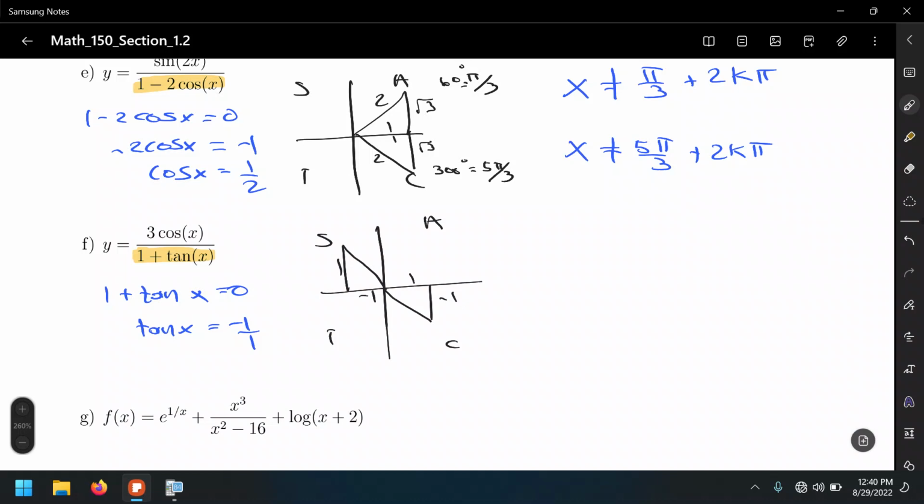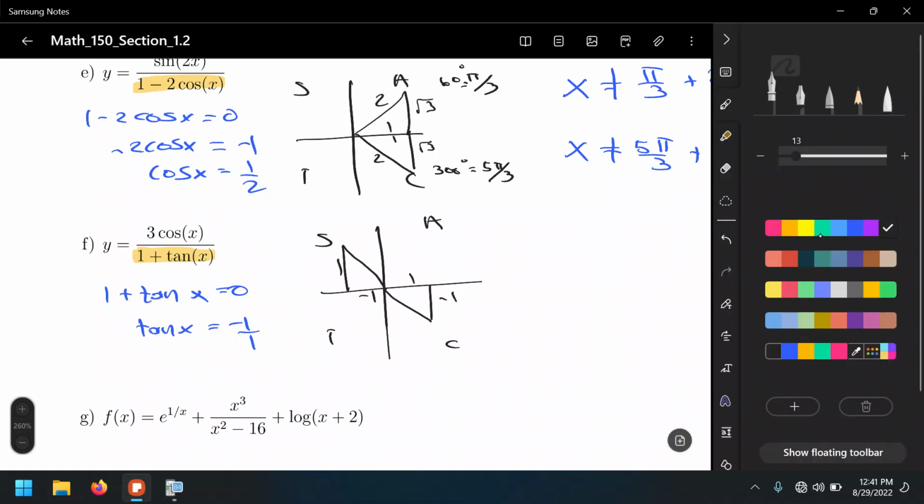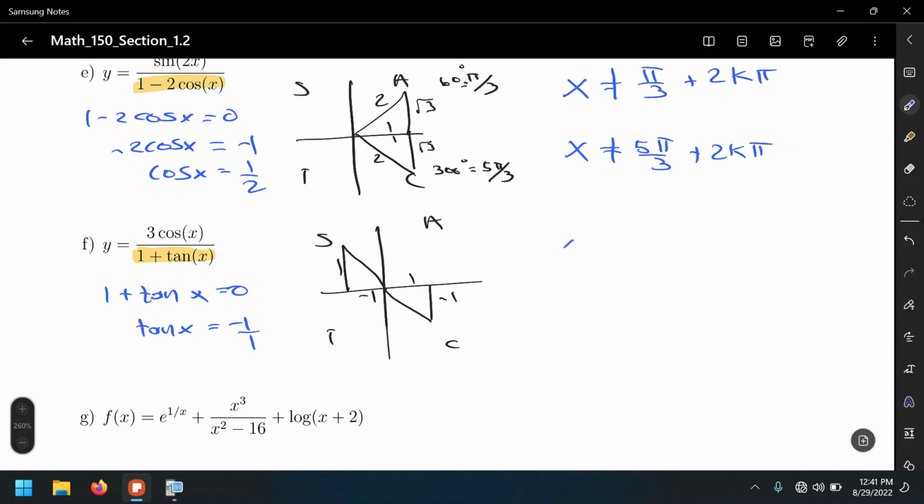Well, number one, what special triangle is this? What's the acute angle right here? It's a 45-degree angle, but in this case, because of the position on the Cartesian plane, it's in the second quadrant. That's 45, 90, 135, that's 3 pi over 4. So, on the one hand, x cannot be 3 pi over 4, alright?